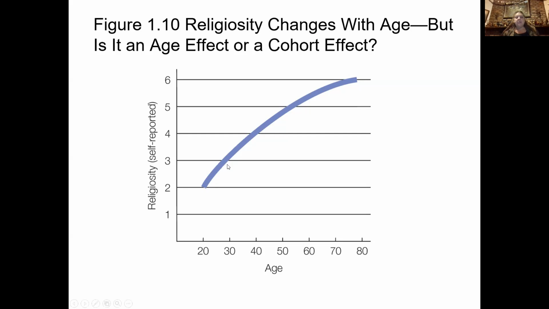So it could be that people become more religious with age, or it could be that these older people were more religious because back in the day, everybody went to church. Okay, just for example, they came from a different cultural era, I guess, and that would be a cohort effect.